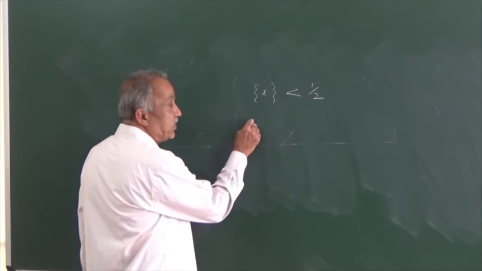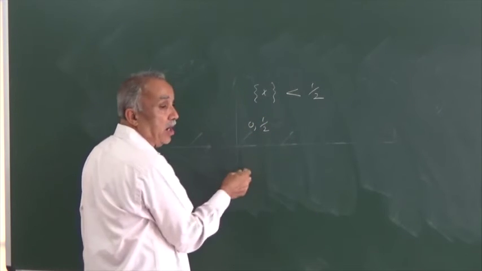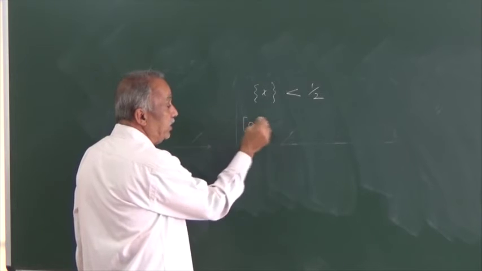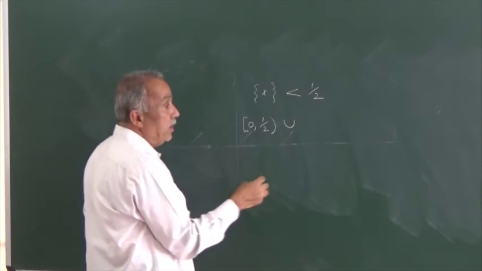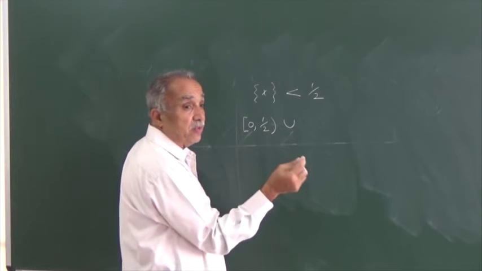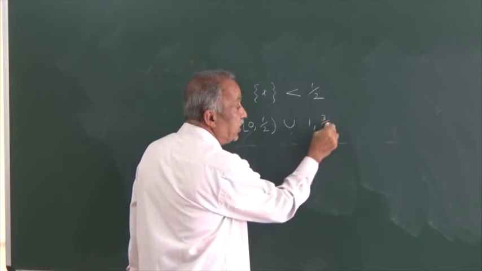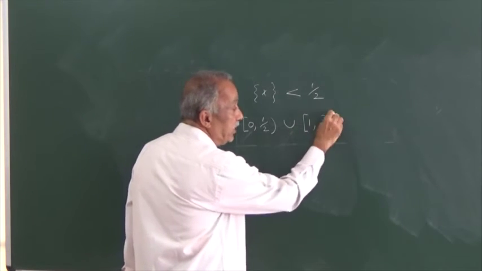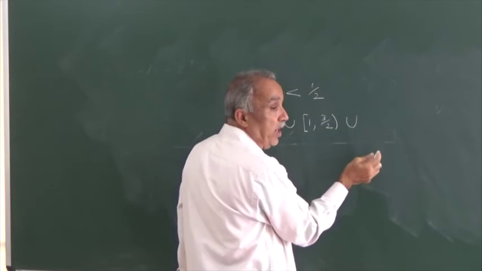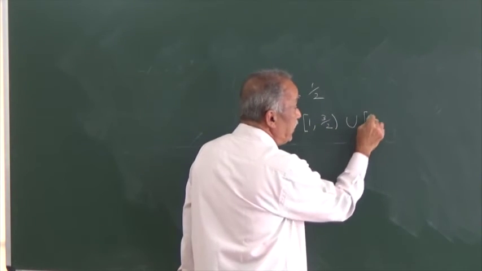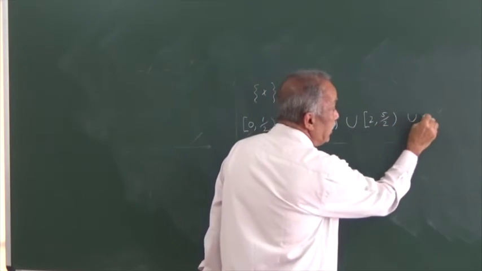Clearly, numbers between 0 and half, 0 included, half excluded, union certain numbers between 1 and 2. Which numbers? Numbers between 1 and 3 by 2, 1 included, 3 by 2 excluded. Certain numbers between 2 and 3, numbers between 2 and 5 by 2, 5 by 2 excluded, 2 included.